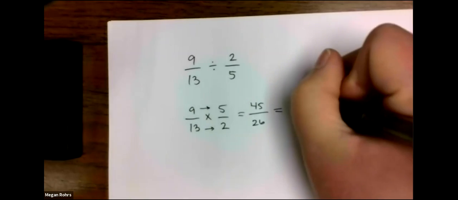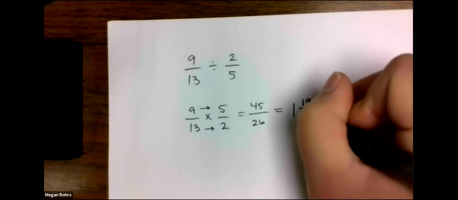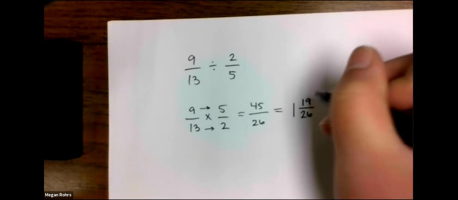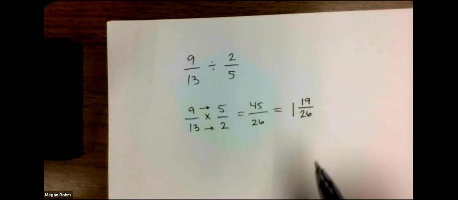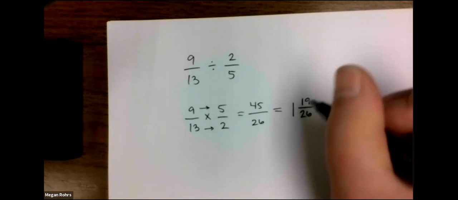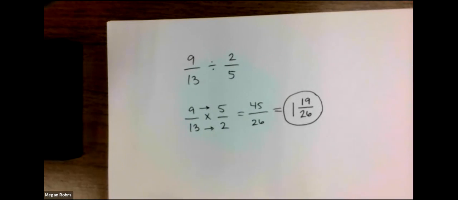That would leave us with 19. Keep the same denominator there. 19 is going to be a prime number, so that would just have to be left as is there. So 1 19/26.